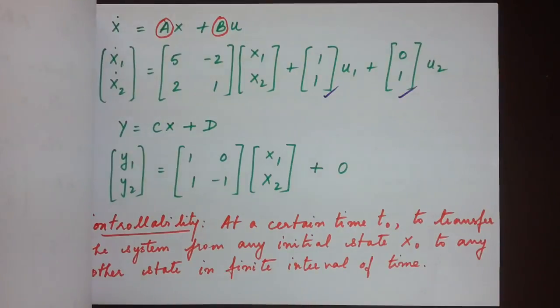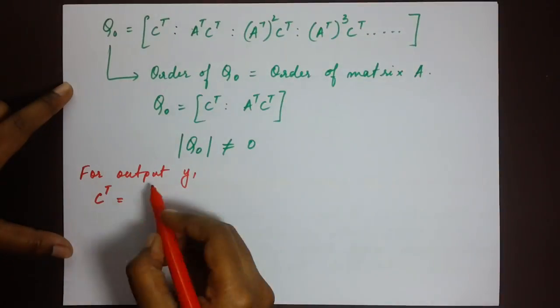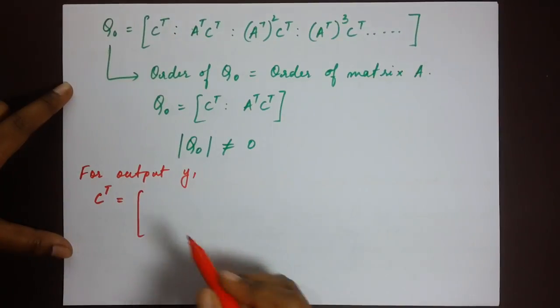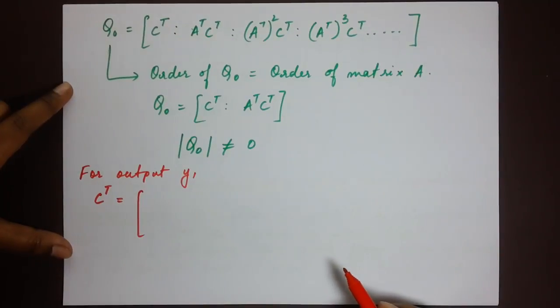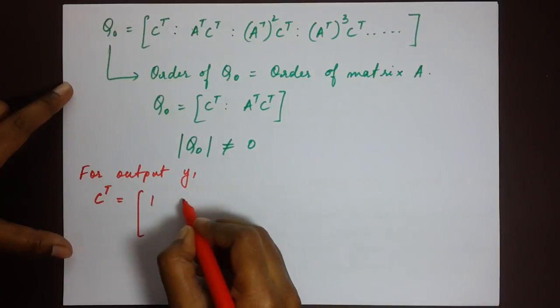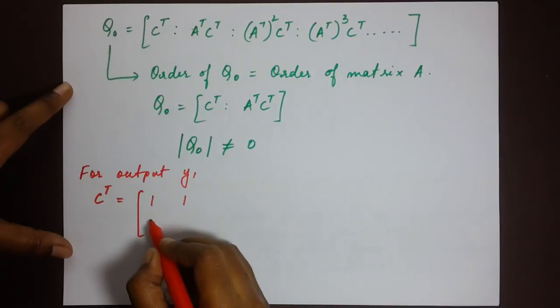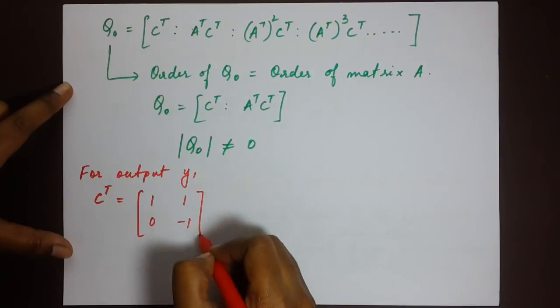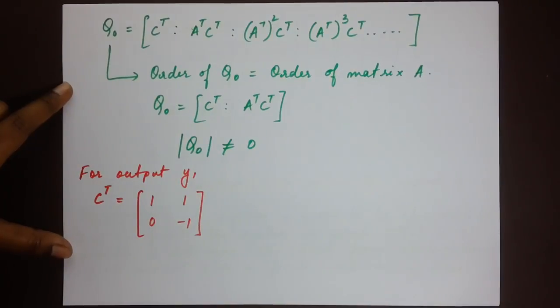C is the matrix 1, 0, 1, minus 1. Transpose is the interchanging of rows and columns, the elements of rows and columns. So here we have 1, 1, 0, minus 1. This is the transpose of C.